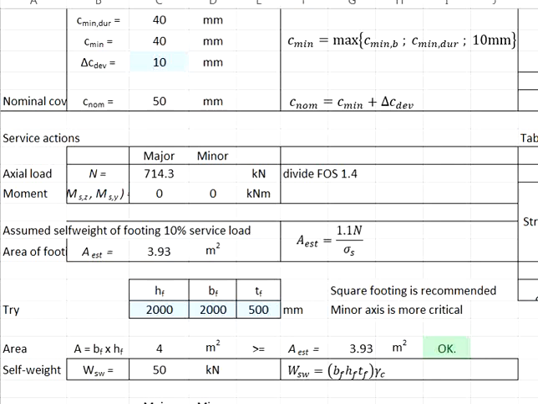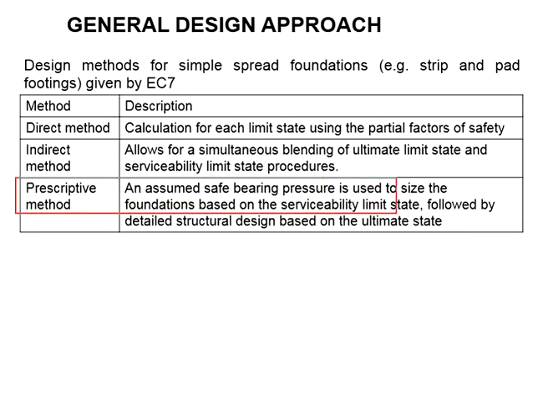This is calculated on the basis of the service load, due to the prescriptive methods that we use in the design of the pad footing. The prescriptive method requires the estimations of the size of the foundations based on the serviceability limit state.